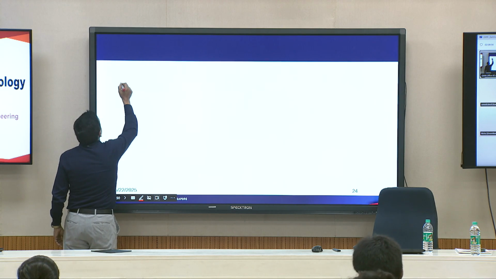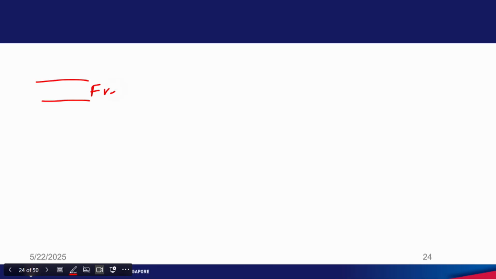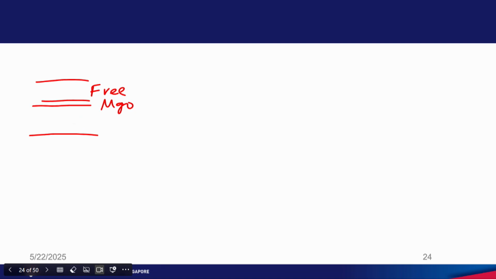Your normal in-plane MRAM has a free layer, magnesium oxide, and a reference layer, which is spinned along a certain direction by an antiferromagnetic layer.